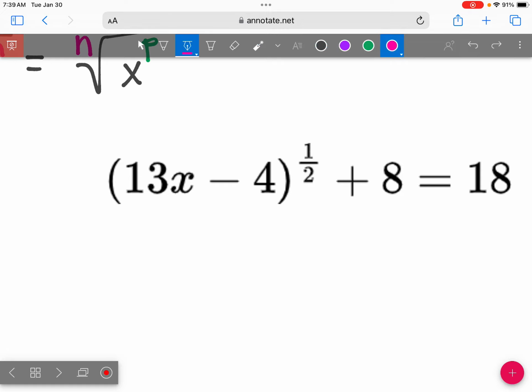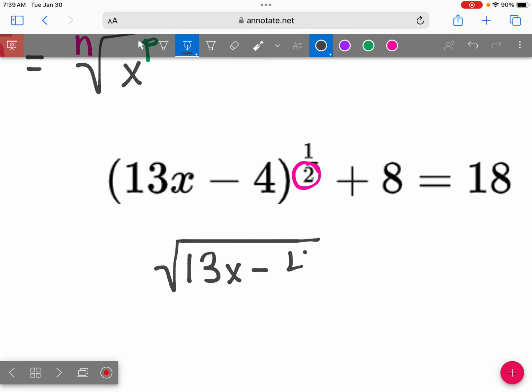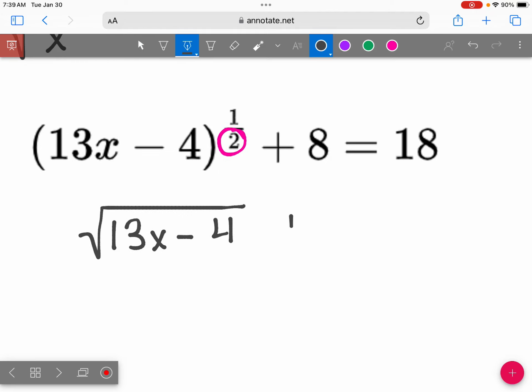Our index is 2, so this is a square root. We have the square root of 13x minus 4 plus 8 equals 8. And again, you can absolutely leave it as the fraction-y exponent. Works just fine.